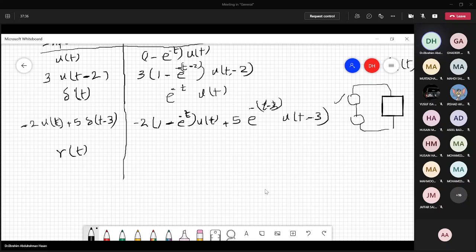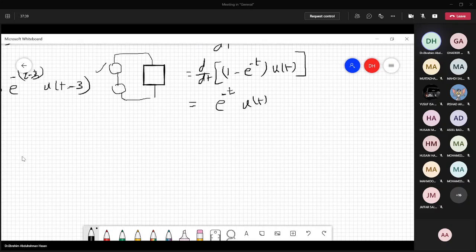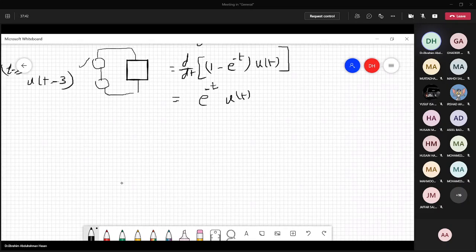Okay, if it is ramp of t, we know this. U of t is equal to the integration from minus infinity to t of ramp, delta d, sorry, any variable.